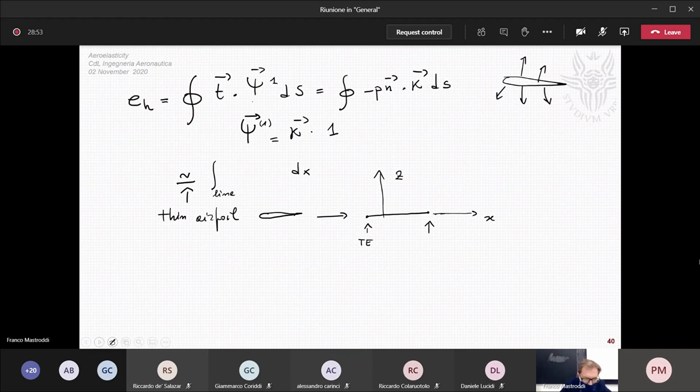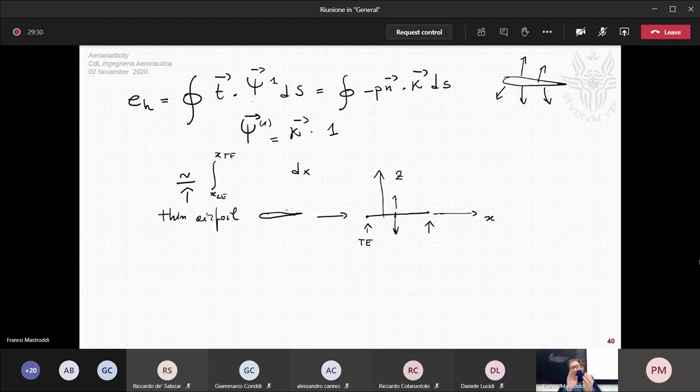So better write x leading edge to x trailing edge in dx. And for each generic x point, you have what you already have up and down, this normal and this normal. This airfoil collapsed in a line.